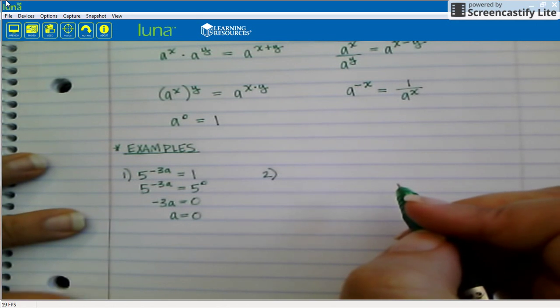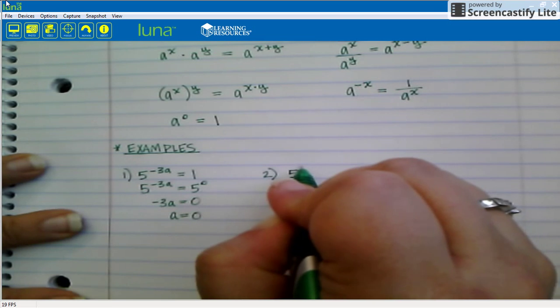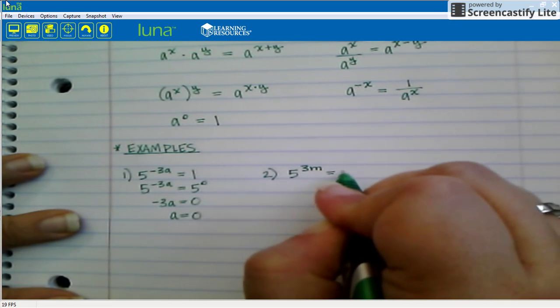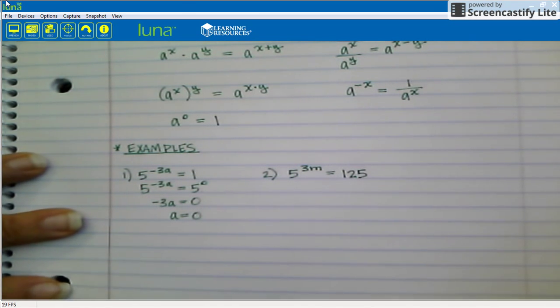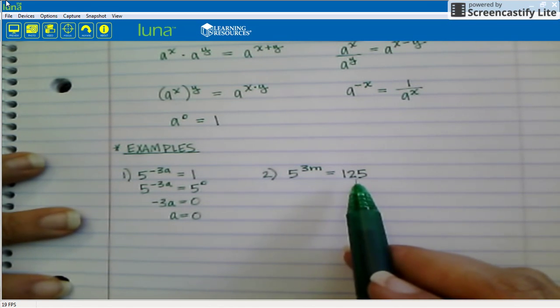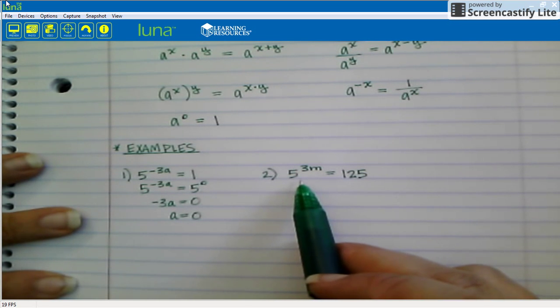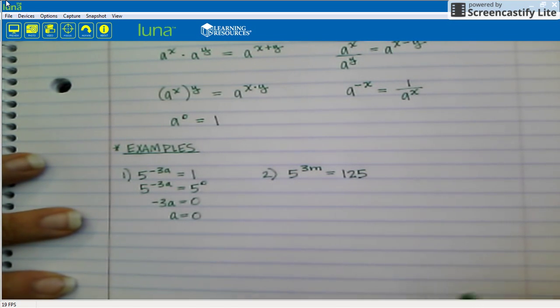So as another example, I have 5 to the 3m power is equal to 125. So I need to rewrite this 125 as a power with a base of 5 in order to be able to solve this using the one-to-one property.